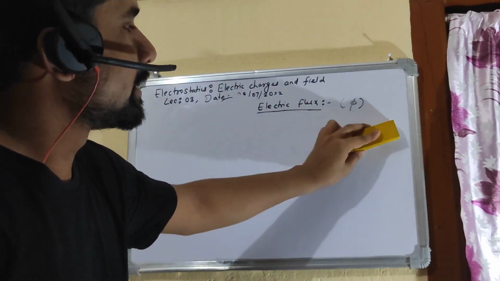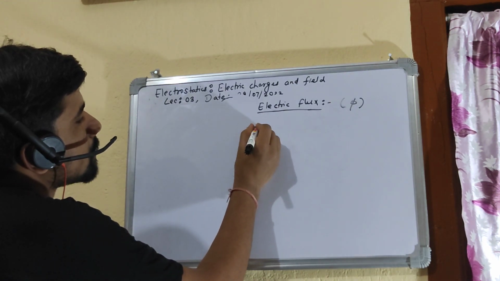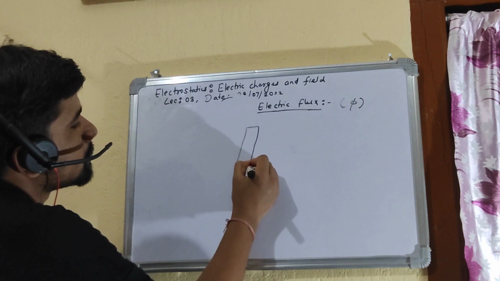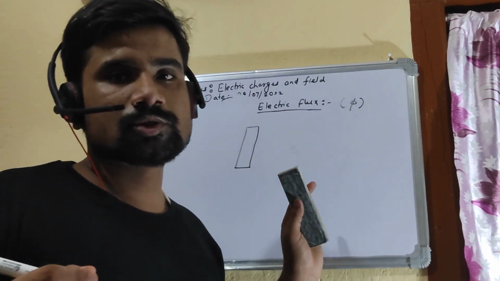So now let me draw an area again. This is an area, okay? Previously the field lines were passing normally to this given area.